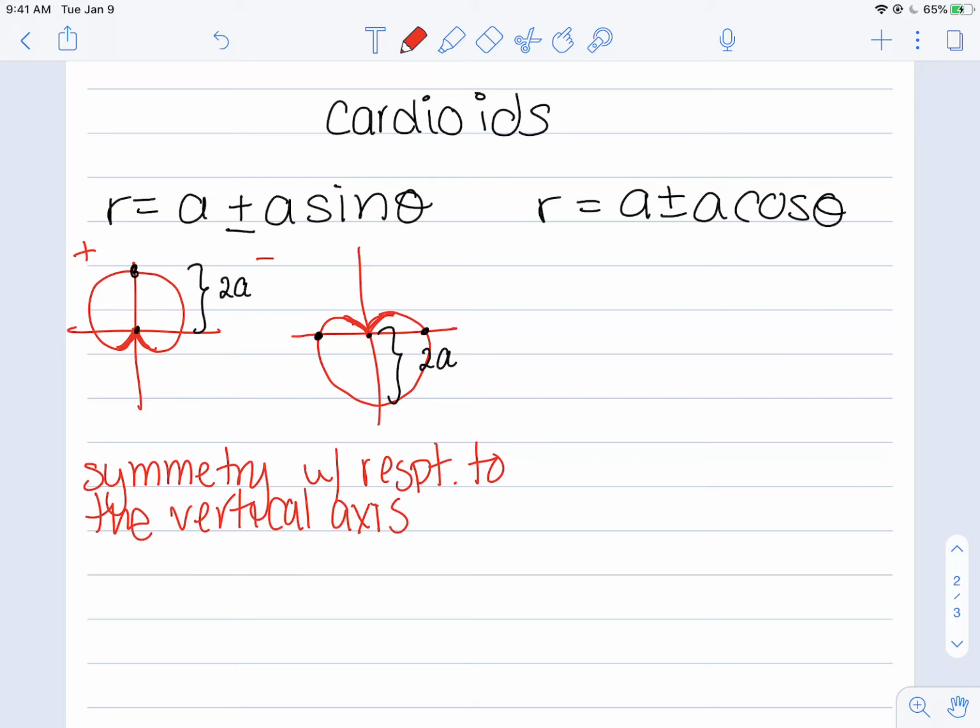And if it's cosine, then you're going to have symmetry with respect to the horizontal axis. So if you have a plus, your cusp is going to point to the right. If you have a minus, your cusp is going to point to the left.